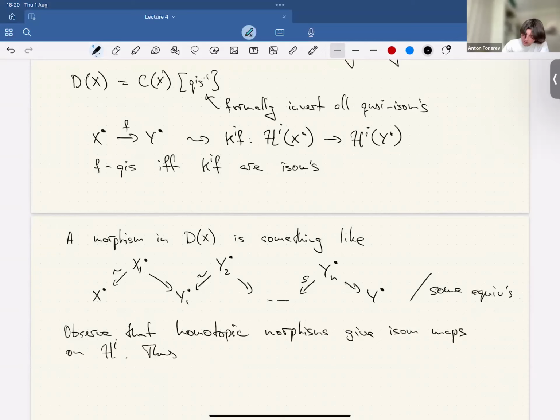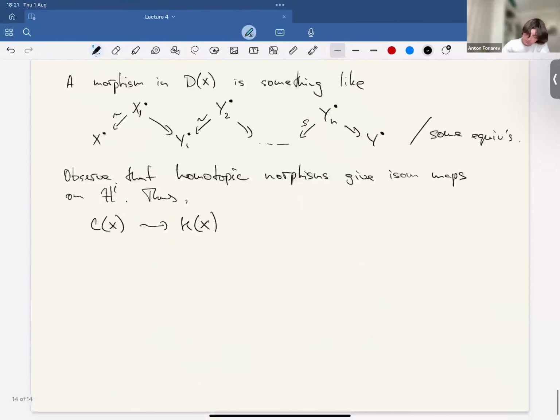Thus, if you want to invert it in some universal way, you can first pass from C of X to the so-called homotopy category, where the objects are complexes and morphisms are morphisms of complexes up to homotopy.